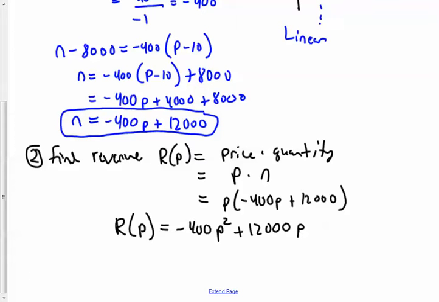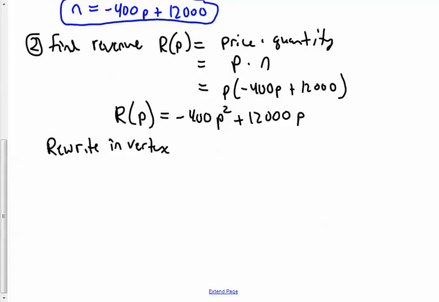So to maximize this, we want to see it as a quadratic function. There's a couple ways to do that. One way is we can rewrite this in vertex form, a times the quantity x minus h squared plus k. So to rewrite this, we're going to complete the square. So one thing I can do is factor out this negative 400 first, make it a little bit easier.